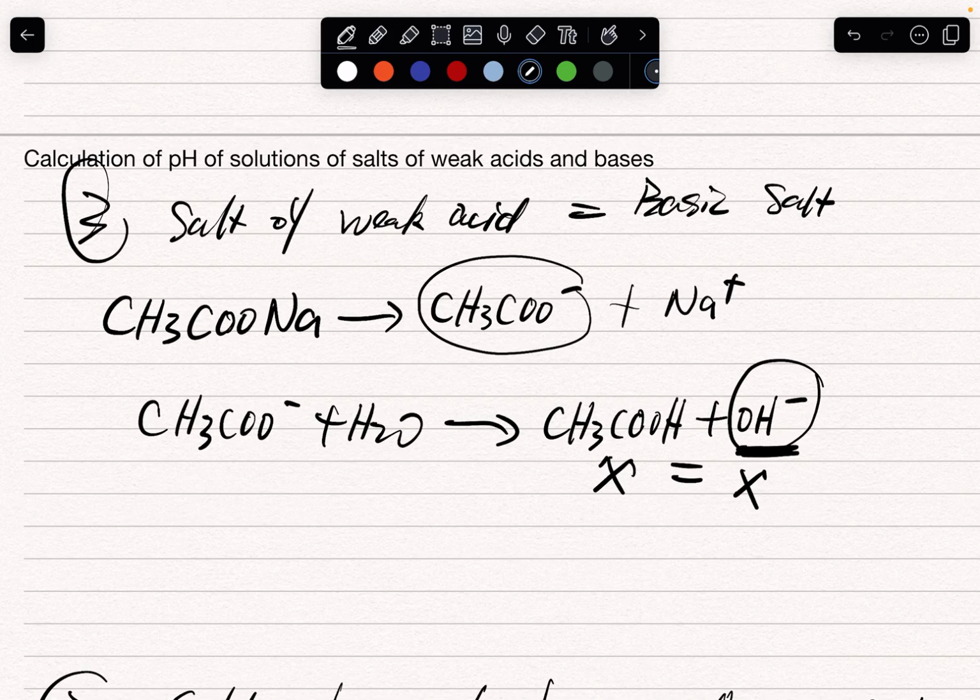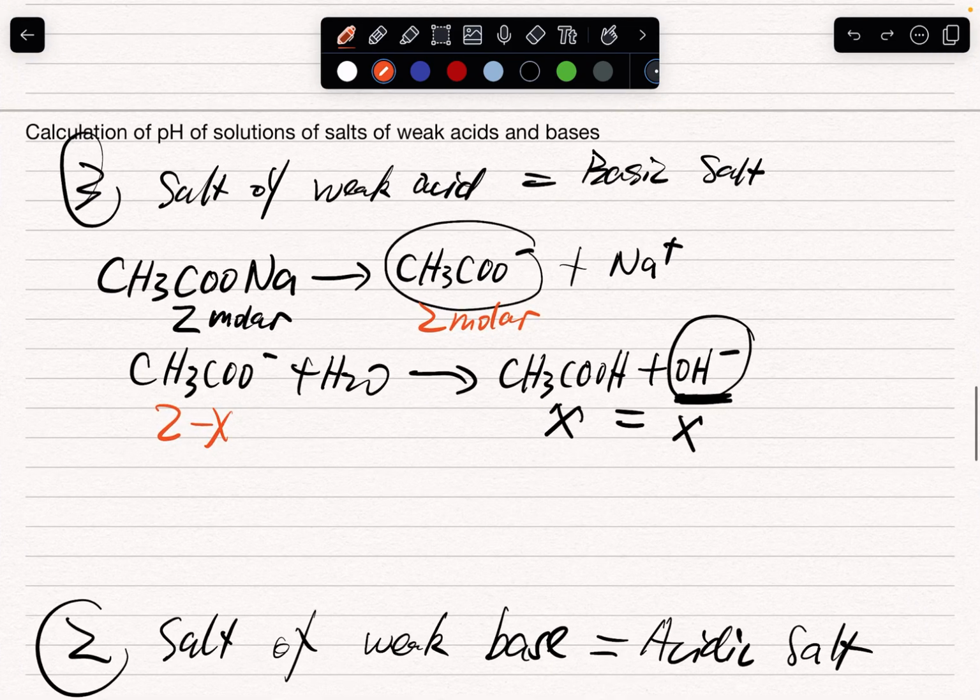Then the question might give you a 2 molar of my salt, so this 2 molar will dissociate into 2 molar of this, right? But this one here is not 2 molar, because it's going to partially dissociate. So it will be 2 minus X. X is really how much proton this thing grabbed, right?